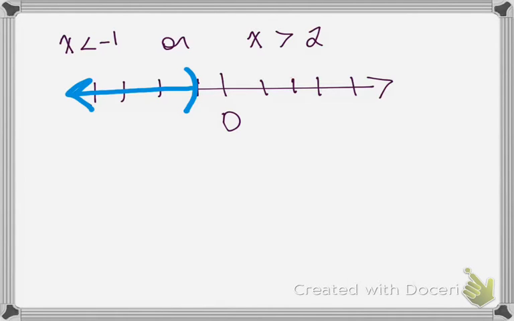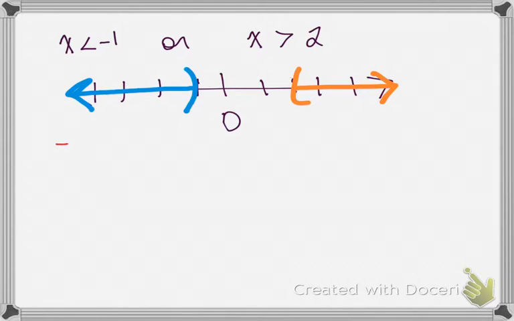And then my second one, x is greater than 2. Now, so I have it written in inequality form. I have it graphed. And now I'm going to write it in interval notation.